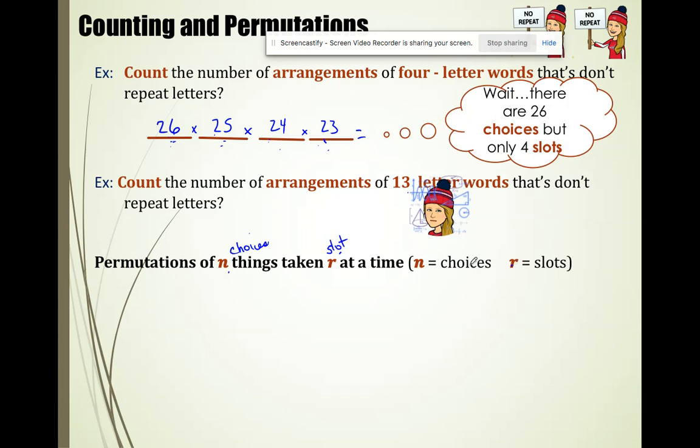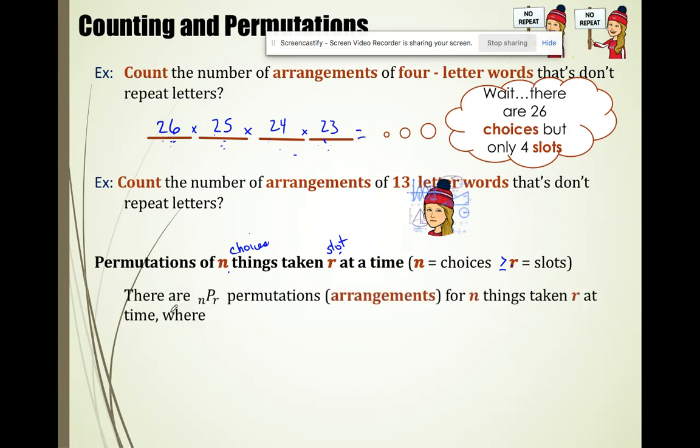When r is less than or equal to the number of choices, there's a formula with factorials that is going to help, so you don't have to just write out, what if I had a million somethings and I wanted 500,000 slots? That's an awful lot of blanks and multiplication.